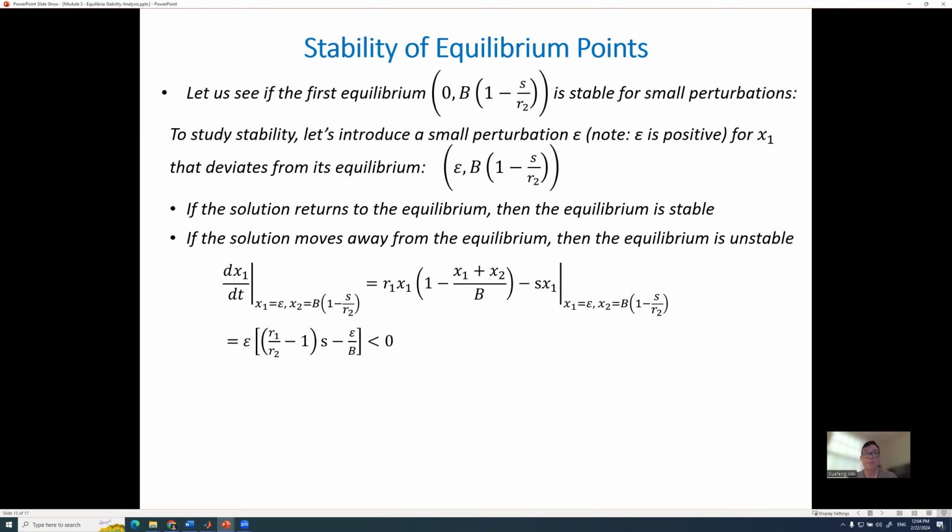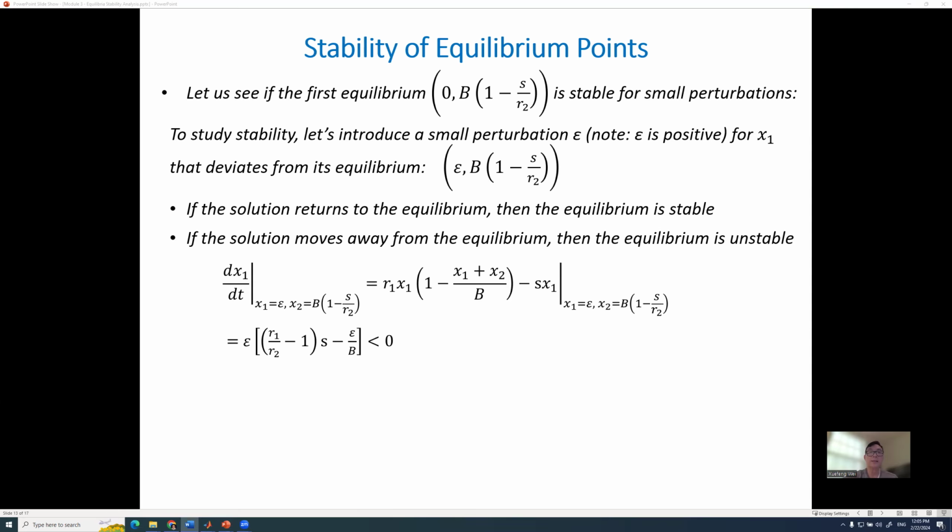If we want the density to go back to the equilibrium value once the perturbation is over, we need the derivative of x1 when x1 equals epsilon to be negative. It turned out to be indeed negative. A negative derivative means that the density of x1 will decrease, or evolve back to the equilibrium point.